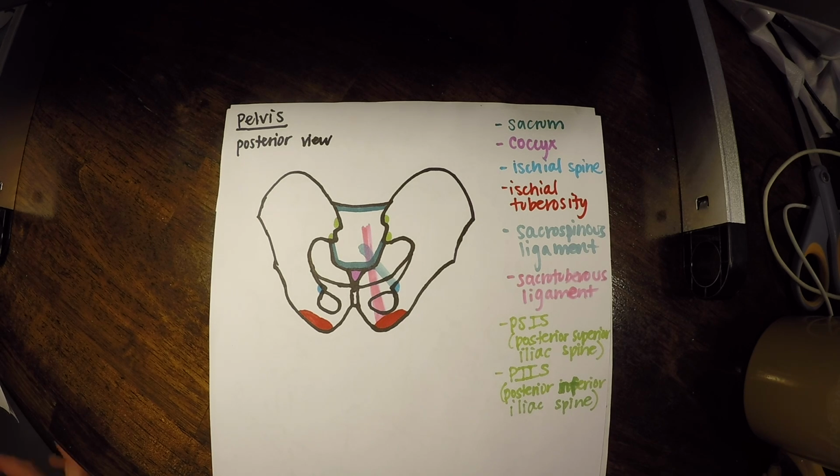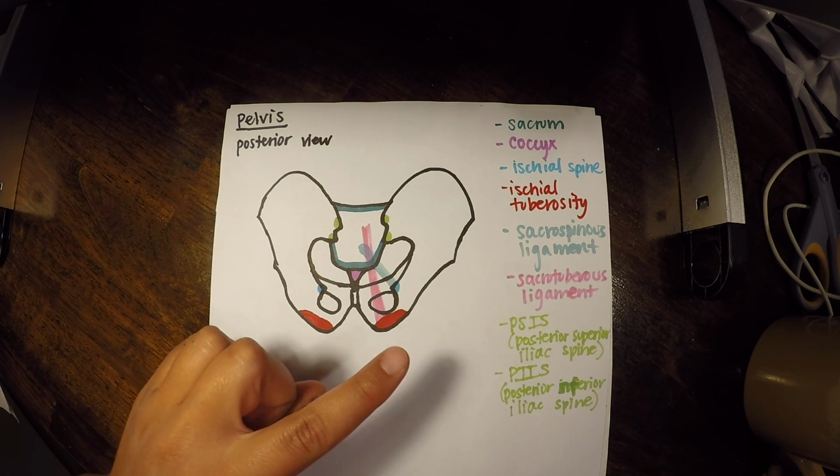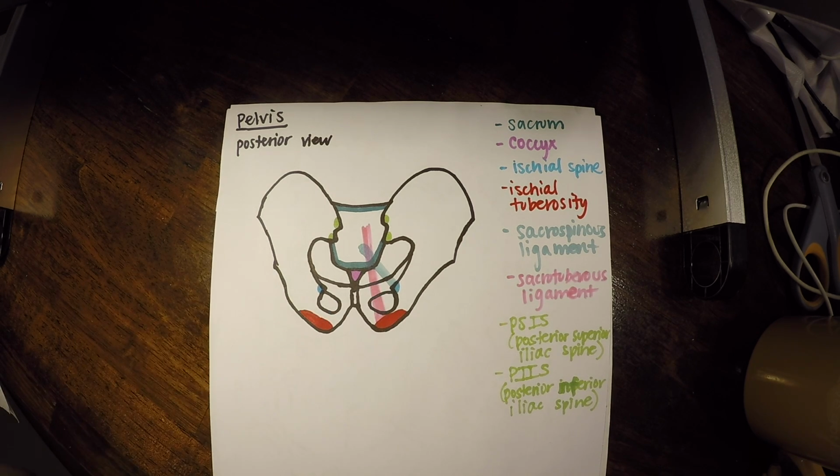Alrighty, so that kind of does it for our posterior pelvis. Make sure you're also referencing the anterior pelvis and our different muscles. And later, we're going to learn about pelvic floor muscles that form a little hammock right here as well.